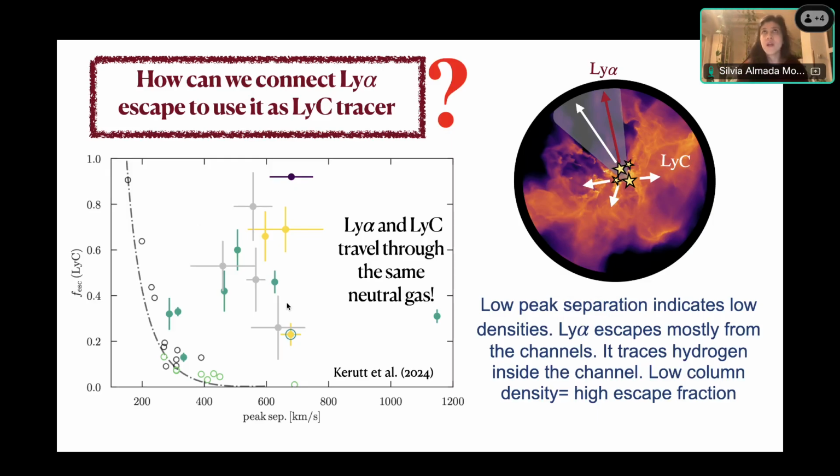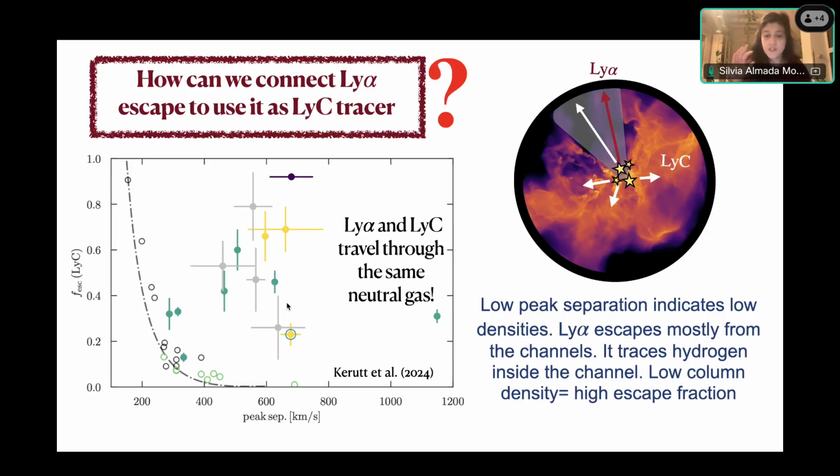So what I mean is, when we take a look at a triple peak galaxy, which are very rare, before we used to think that this has to be a very tiny hole or a very tiny channel through which the Lyman-α photons are passing, so that enough pass to still allow us to see the red and the blue peak.